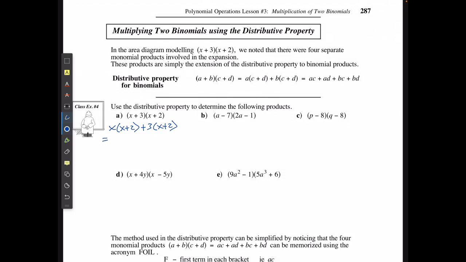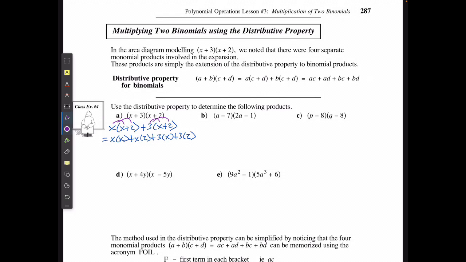And we know that this is the same as x times x plus x times 2 plus 3 times x plus 3 times 2, because I would still need to multiply out into both parts for the second part.